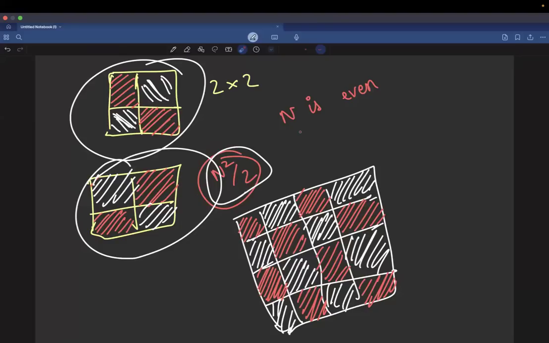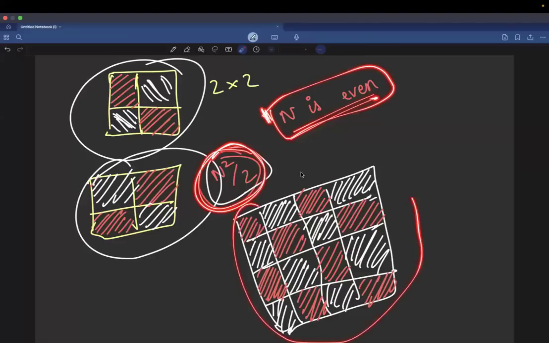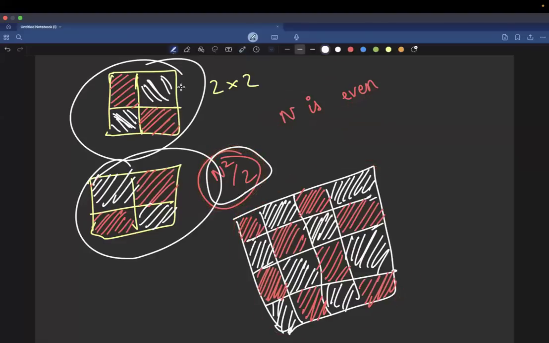Yeah, what I'm saying is if n is even, then n square by 2 is exactly half of the number of cells you have, so you won't really have any choice. And when n is odd, then we have the floor of n square by 2, so it would be less than half.